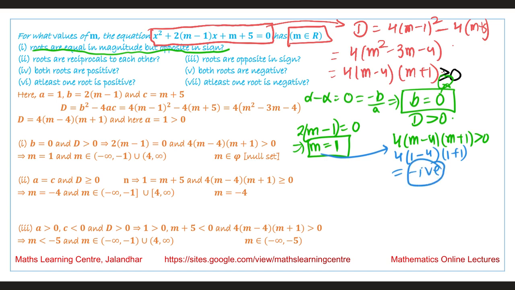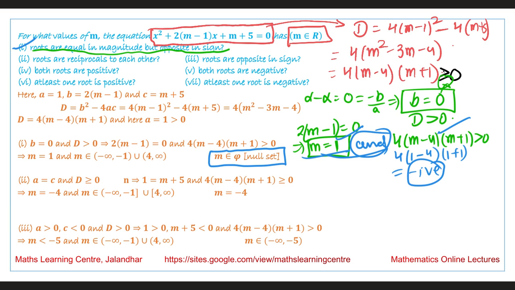So we cannot find a value of m which satisfies both these conditions. So m belongs to the null set. There is no m for which this equation can have roots equal in magnitude but opposite in sign.